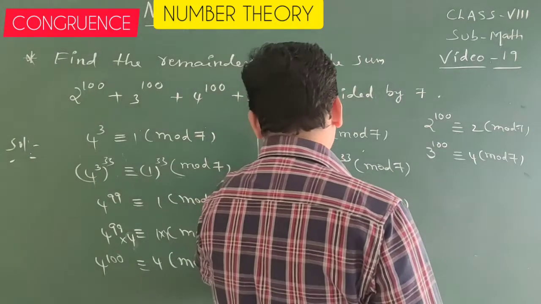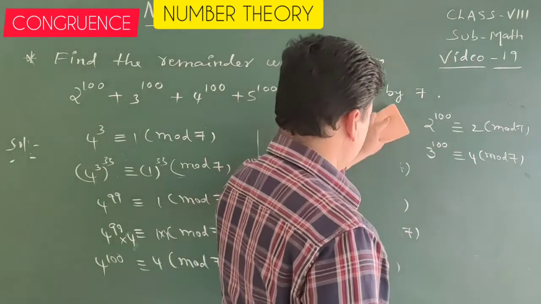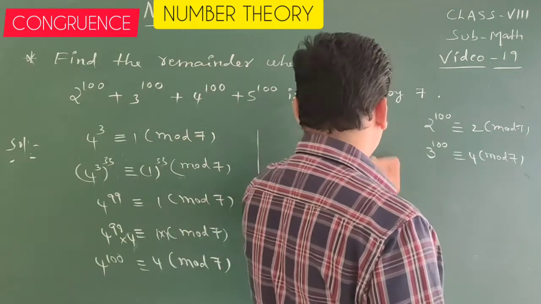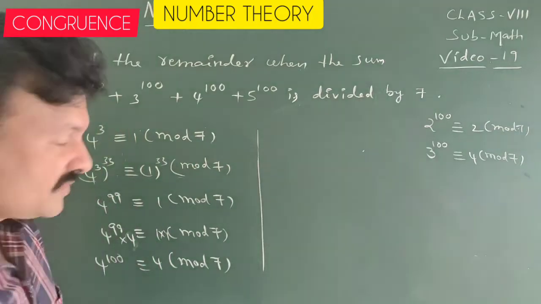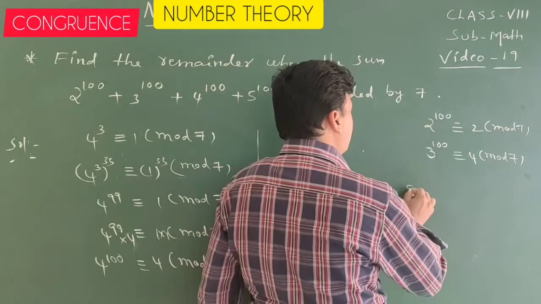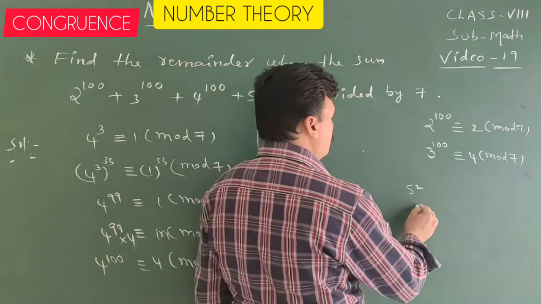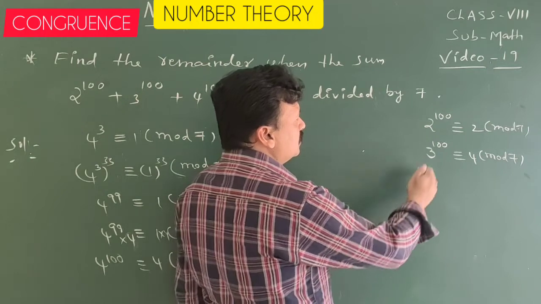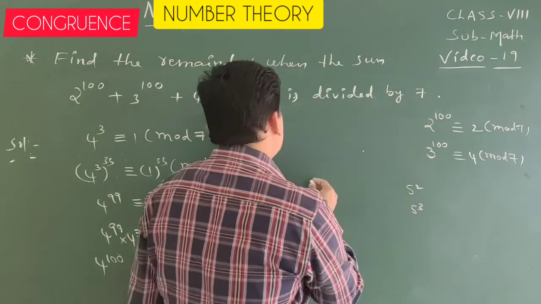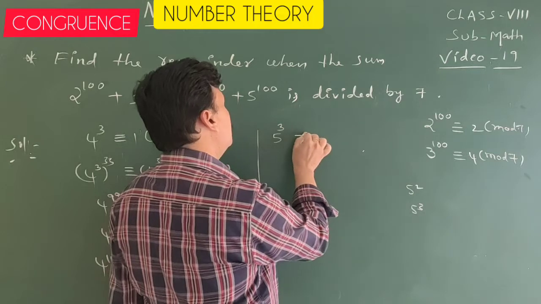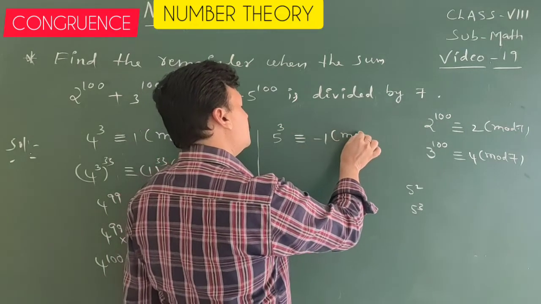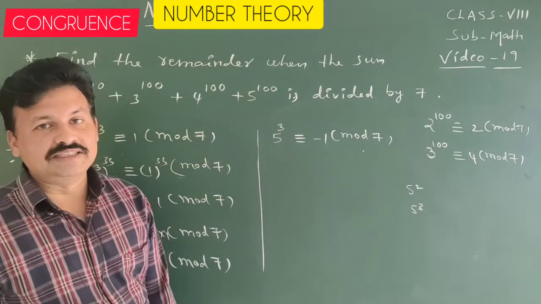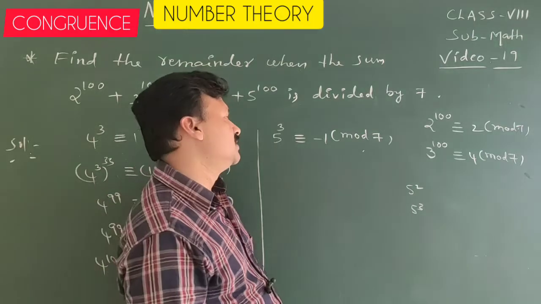Next, for the 5. Here 5 square is 25, 5 cube is 125. So close to 7 multiple. That is 5 cube congruent to minus 1 to the mod 7. 125 plus 1 is 126. 126 is a multiple of 7. That's what we can use.